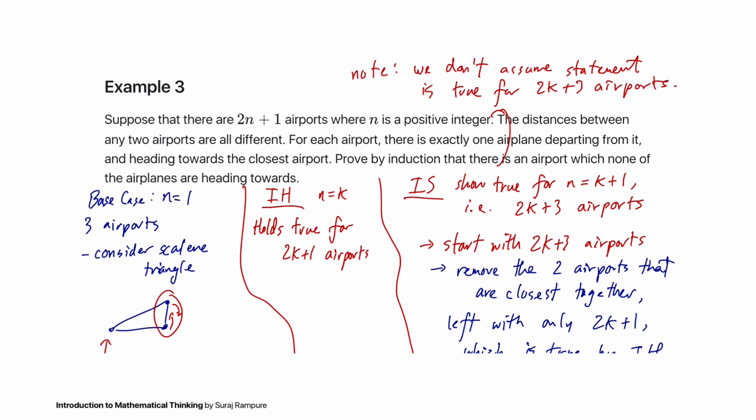So again, it's important to realize this distinction. We're not assuming that it holds true for 2k plus 3 airports. We're just assuming that we have 2k plus 3 airports. Okay? Okay, so that distinction is very important. Okay? Any questions with this?